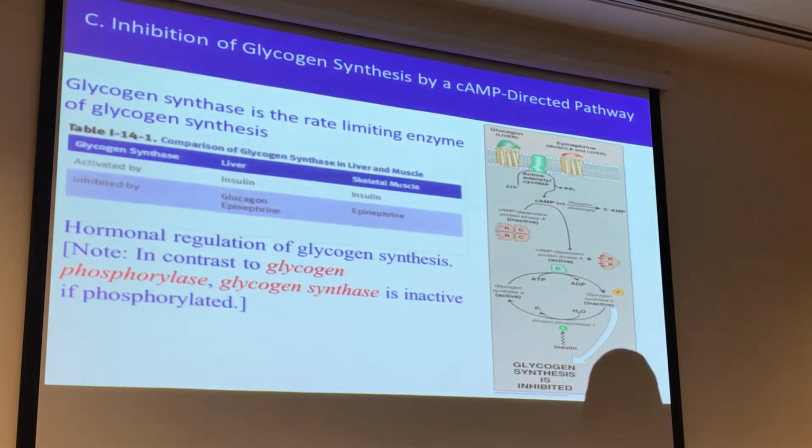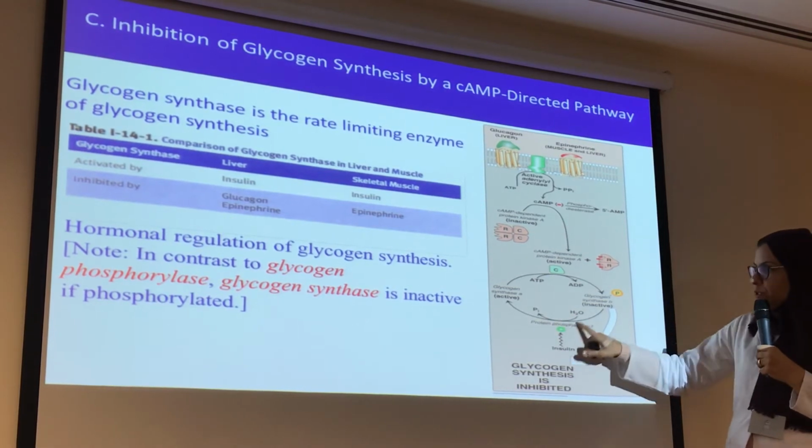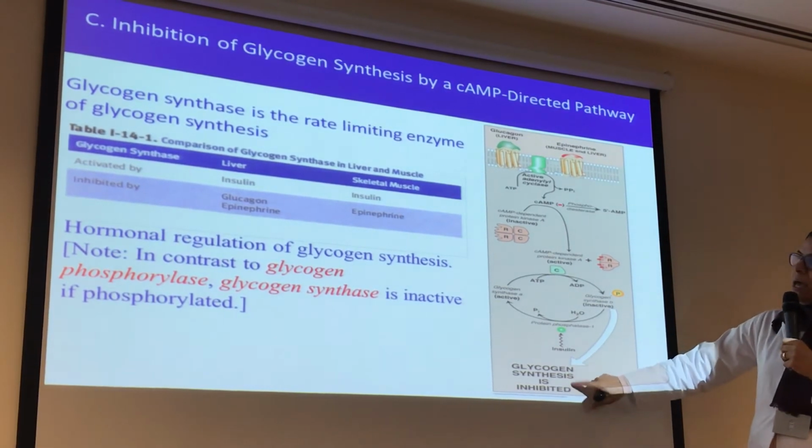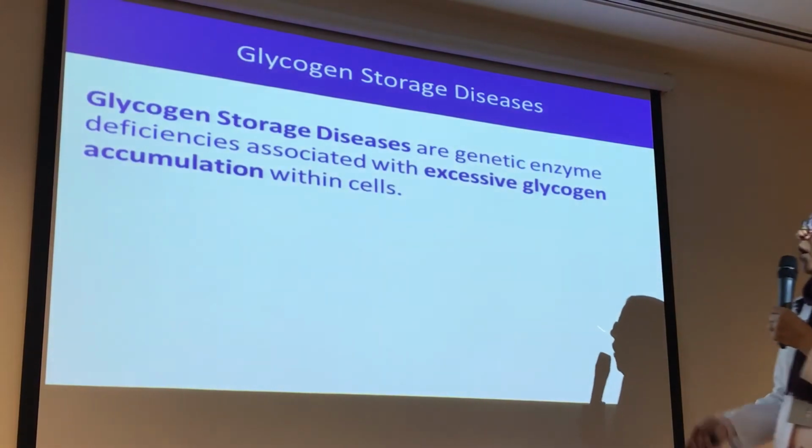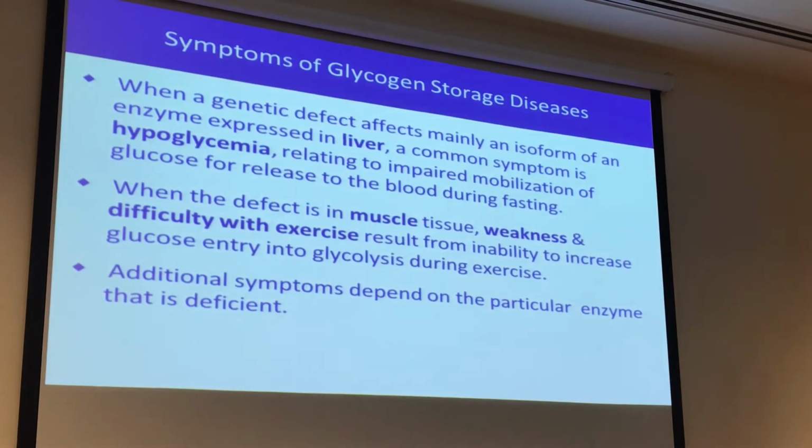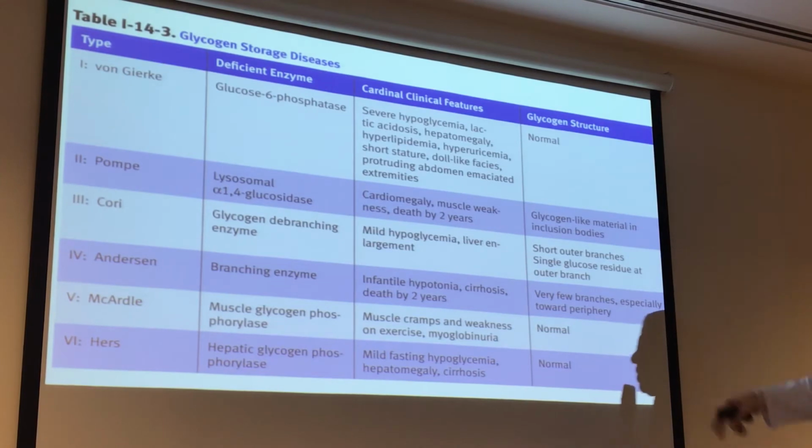The phosphorylase needs to be phosphorylated to be active. The synthase needs to be dephosphorylated to be active. And to remove the phosphate group, we need to activate the phosphatase, and this is done by insulin. Okay, now we come to the disease, and it's all summarized in this one slide.